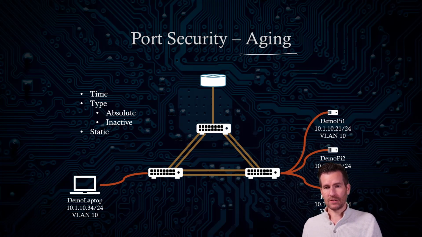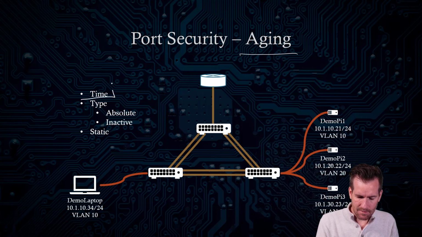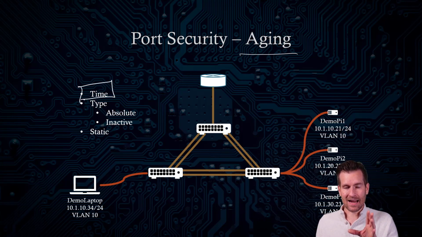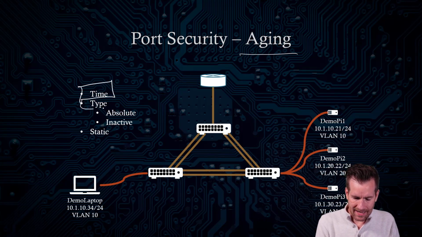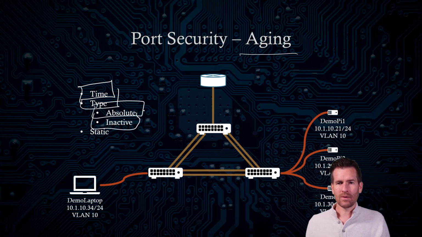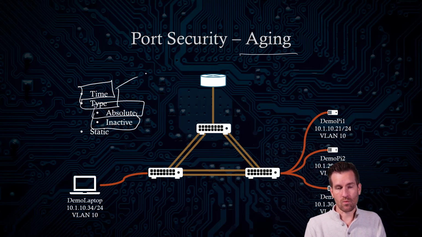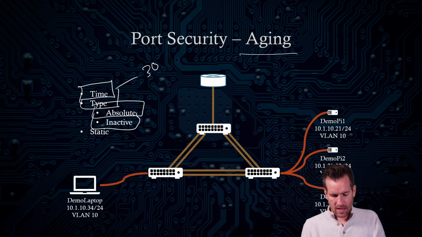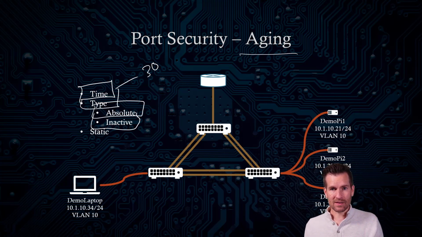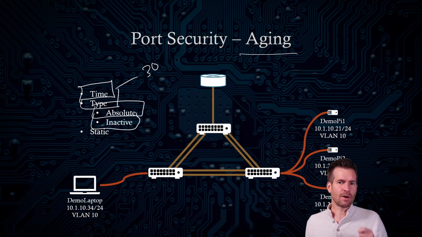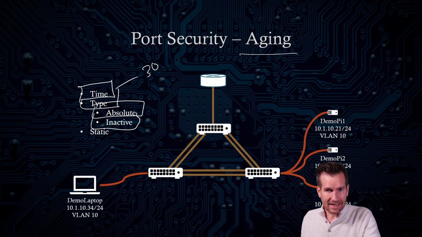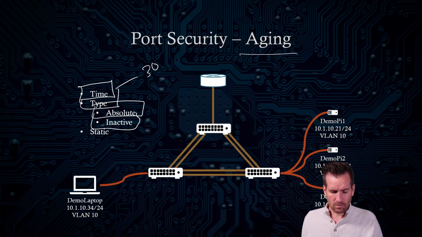And there's a couple different types that we can set up. This time setting allows us to set the time. That's the time feature. There's a type on there, whether we want absolute or inactive. And what that means is, let's say we set the time to be 30 minutes. So that's the 30-minute timer that happens. Does that timer happen from the time that you plug in that device and then 30 minutes later it ages out?